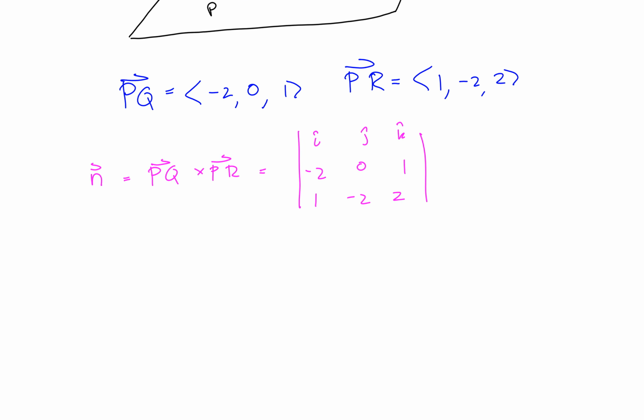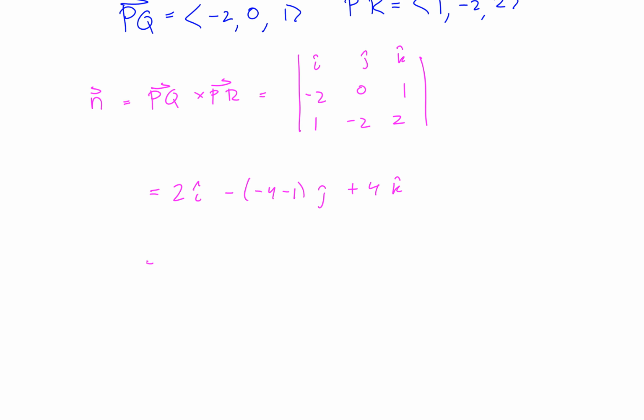So if we do this, this gives me 2i minus, and I'm going to have -4 minus 1 j plus 4k. So this is 2i plus 5j plus 4k.